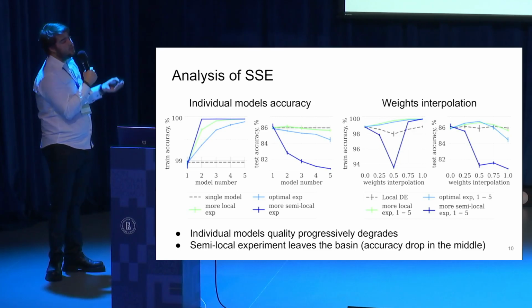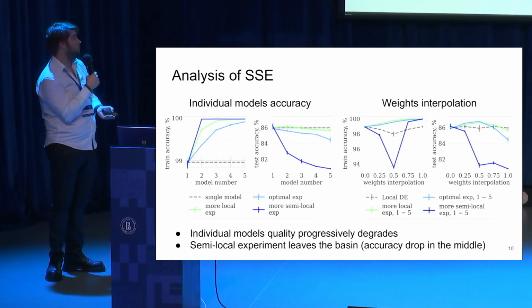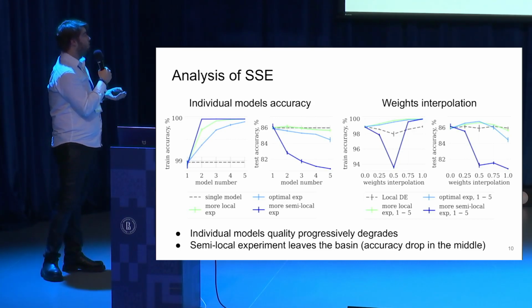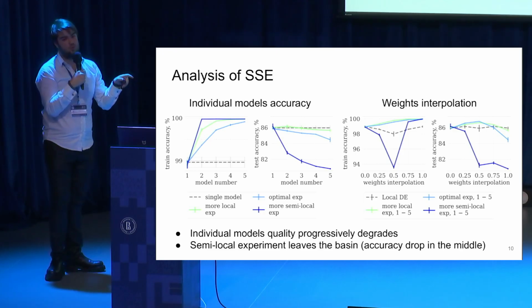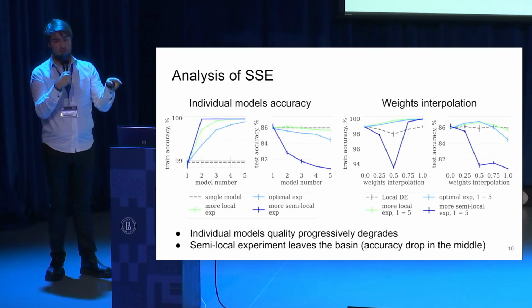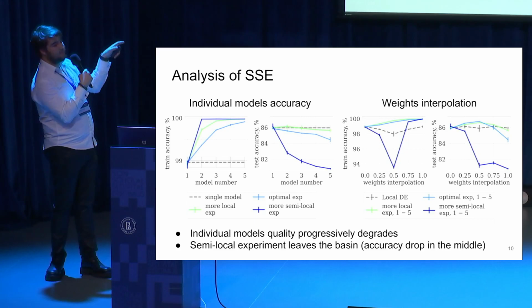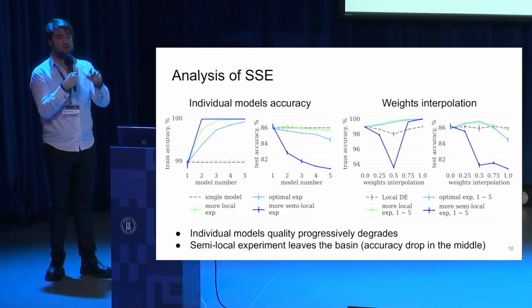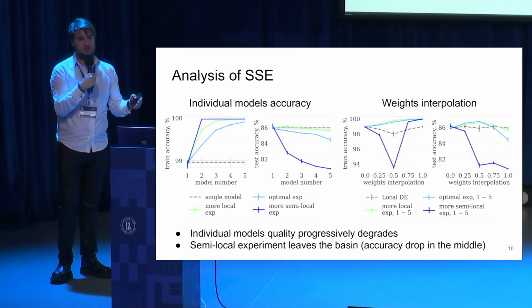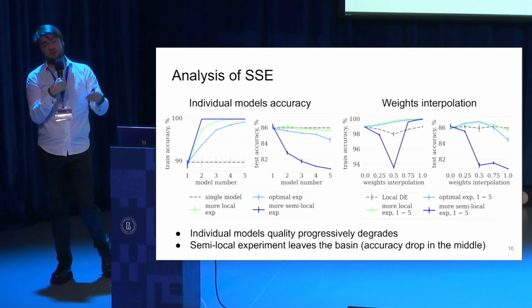Moreover, this degradation is the most significant for the more semi-local experiment, which actually matches the right part of the slide, where you can see that the models of the semi-local experiment are located in different low-loss basins, because on the segment connecting the first and the last models, there is a drop of accuracy in the middle. So the optimization went to a different low-loss basin.